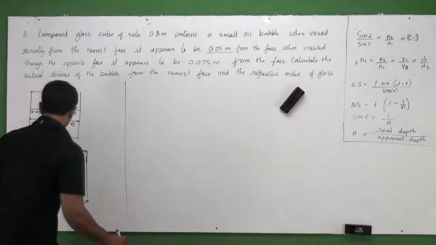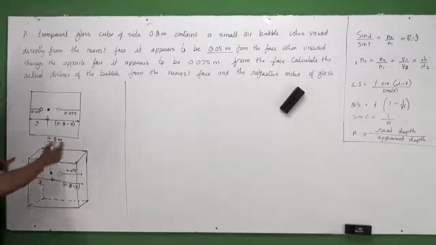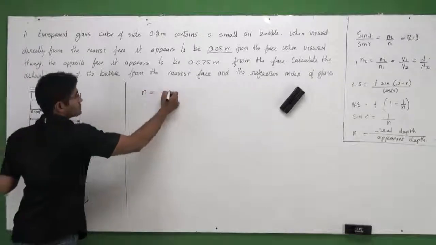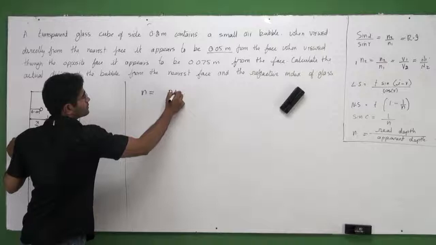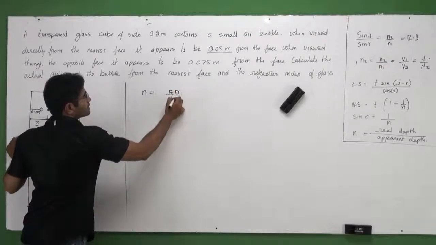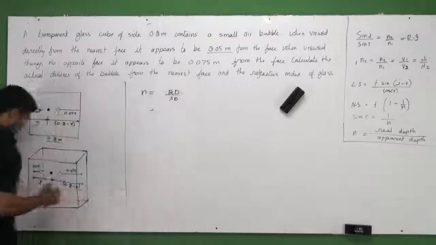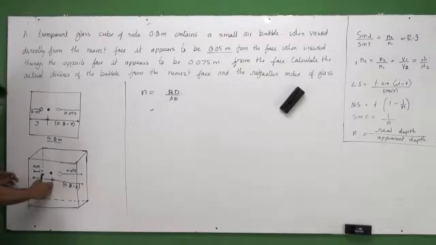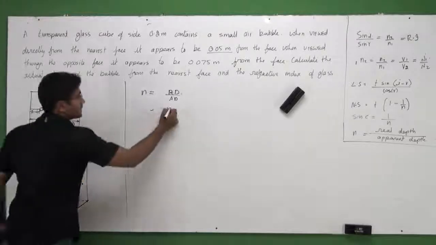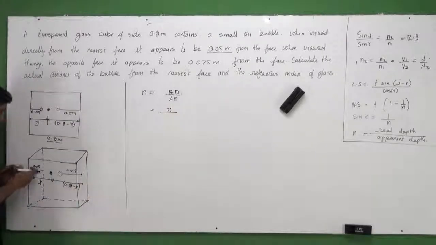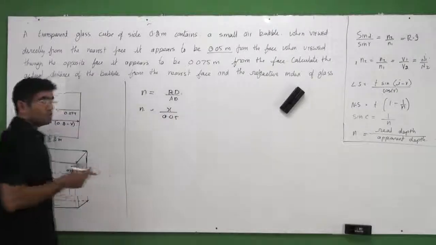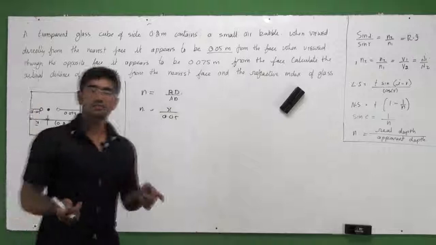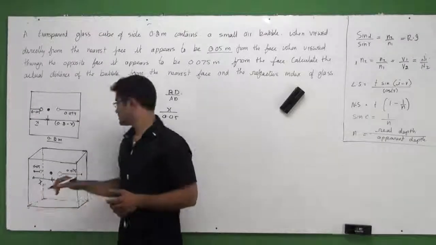Now let's talk about the nearest side. The refractive index is real depth by apparent depth, and the real depth here would be x, which I don't know, and the apparent depth is 0.05. That is the refractive index of the medium, that is this box.